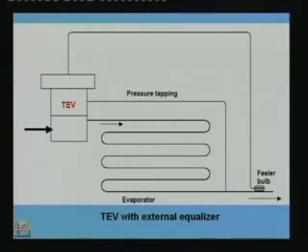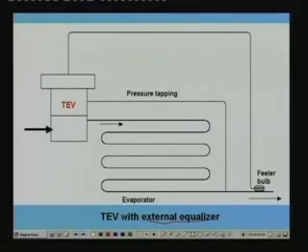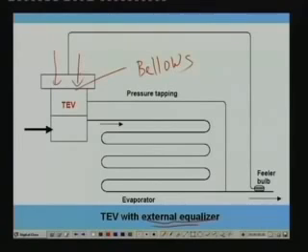Okay, so this is the schematic of a thermostatic expansion valve with external equalizer. This is called the external equalizer. The difference, as you can see here, is that, let us say this is a bellows. So here the pressure acting is the pressure due to the feeler bulb, that is PP, and the downward pressure is not the pressure at the inlet of the evaporator, but the pressure at the outlet of the evaporator.